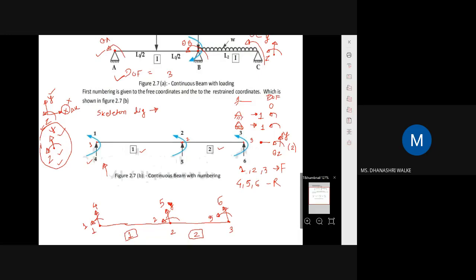Okay, and this rotation we have shown in the anti-clockwise direction. While drawing a skeleton diagram, we have used this sign convention, or whenever we have selected the coordinate axis, we have shown the displacement in the anti-clockwise direction. So this indicates positive, and this y upward indicates positive.